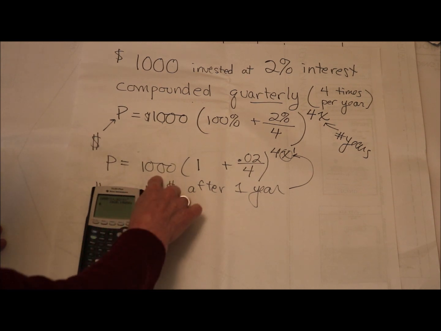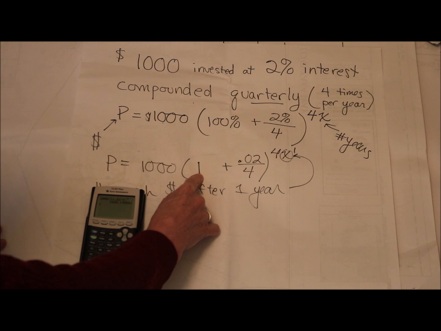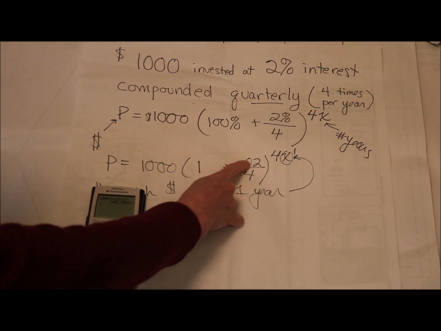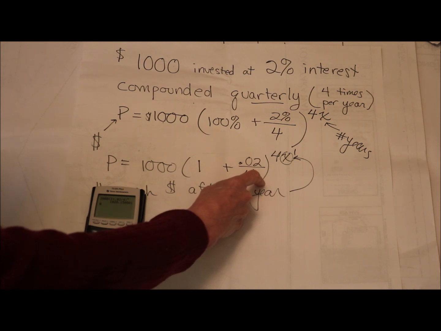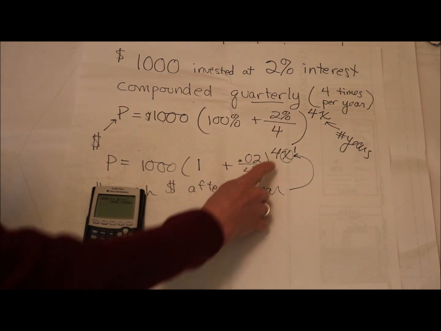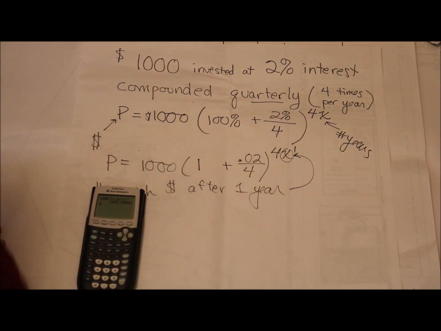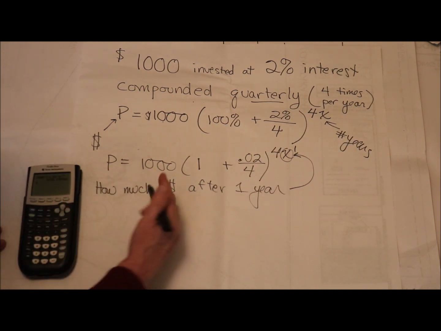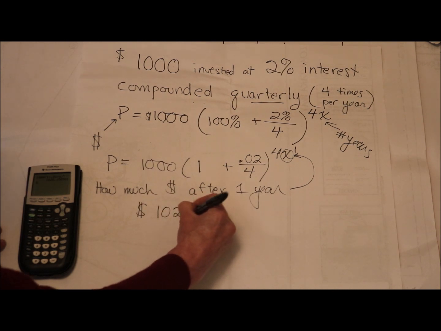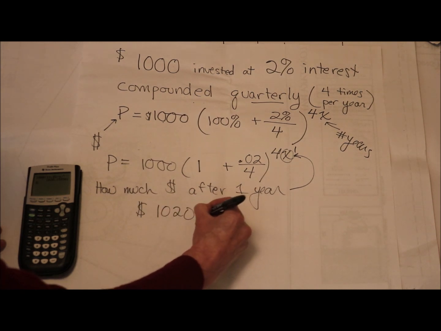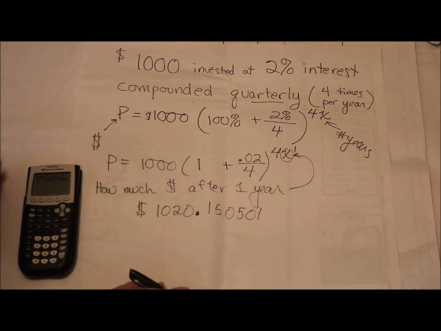So I'm going to do 1,000 and then parentheses times 1 plus 0.02 divided by 4, close your parentheses, and then do the caret and raise it to 4 times 1, and drum roll please, you should get on your calculator this. It's decimal, 150,501.